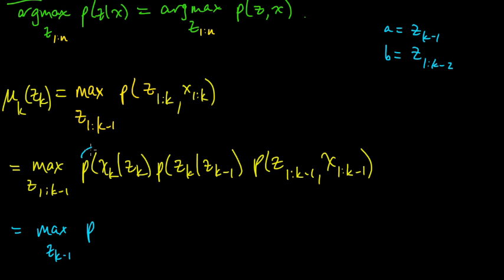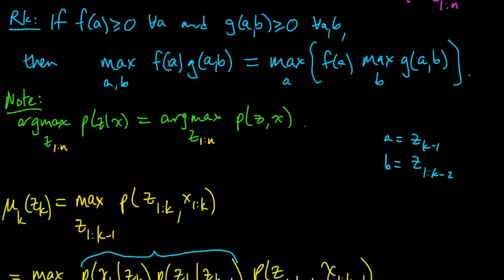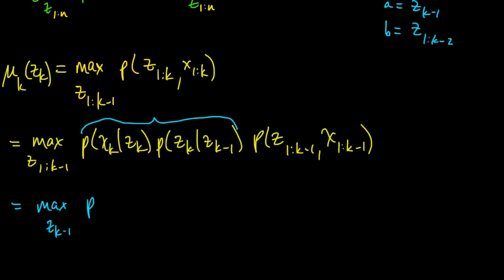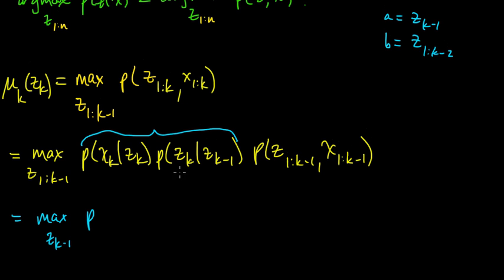Is this going to work? Let's check. The f of a part should be a function of a and not b. This is a, this is b, and that is true, because b is z from 1 to k minus 2. So this will work as our f of a. And this should be a function of a and b, and it is, so that works.